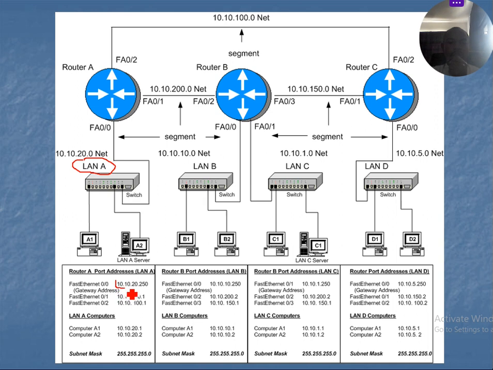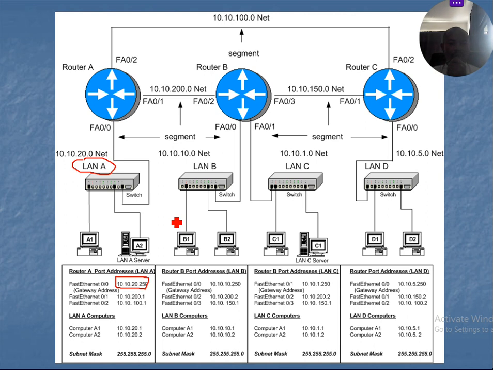This is the gateway address through which this router brings data to this switch. Now we have fast Ethernet 0/1, which sends data packets to this other router, so that's another gateway, 10.10.200.1.